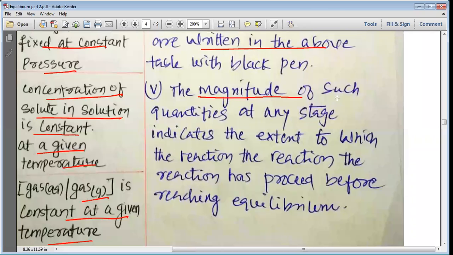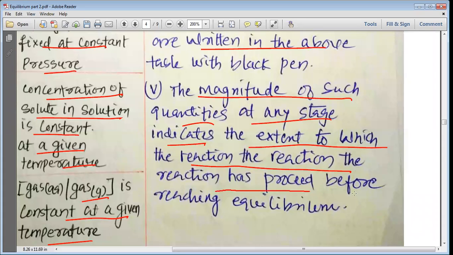The magnitude of such quantities which remain constant at any stage indicates the extent to which the reaction has proceeded before reaching the equilibrium.